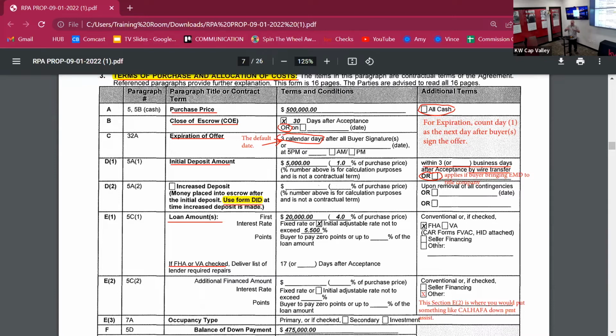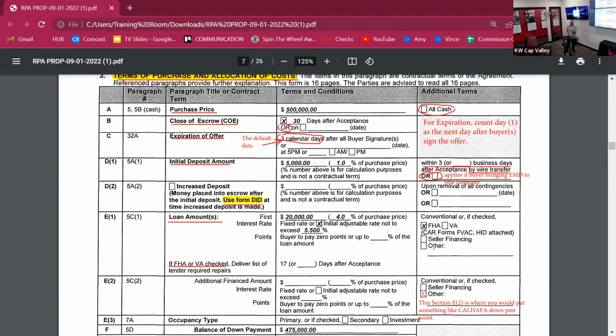So even if they intentionally waive those rights away, it is against public policy to acknowledge that. So it's unenforceable. On an FHA or VA buyer, the property must appraise.